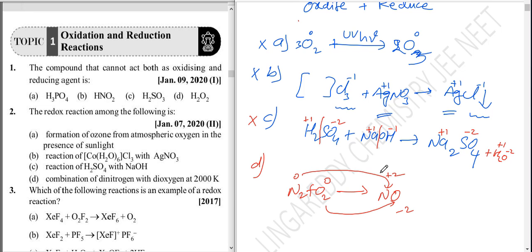So 0 to plus 2 means electron loss, that means oxidation. Here electron gain, that is reduction. Oxidation and reduction are there, so it is redox. So question number 2, answer is D.